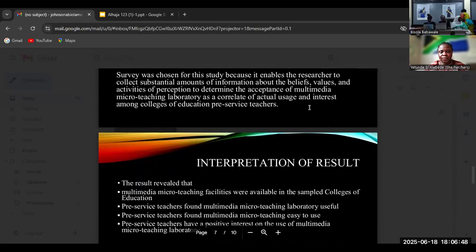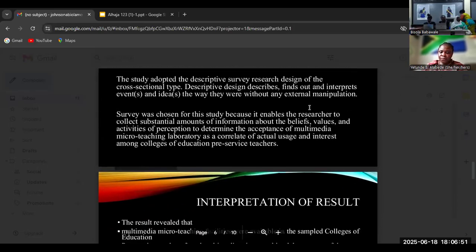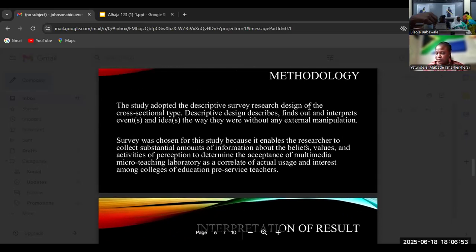Next slide, please. The methodological approach is a descriptive survey design, and it is descriptive in order to have a good volume of information, so that I can sample students' opinions about this multimedia micro-teaching lab. And it is non-interventional because I do not allow any external interviewer. I was on the field.